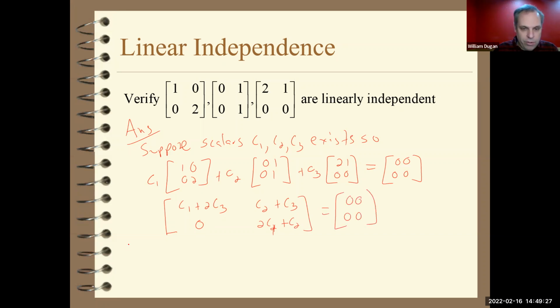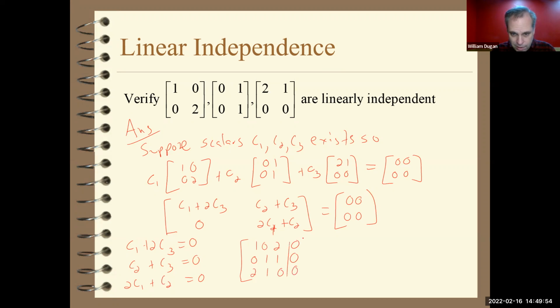So that gives you the equations C1 plus 2C3 equals 0, C2 plus C3 equals 0, and 2 times C1 plus C2 equals 0. As an augmented matrix, that's 1, 0, 2, 0, 0, 1, 1, 0, and 2, 1, 0, 0.